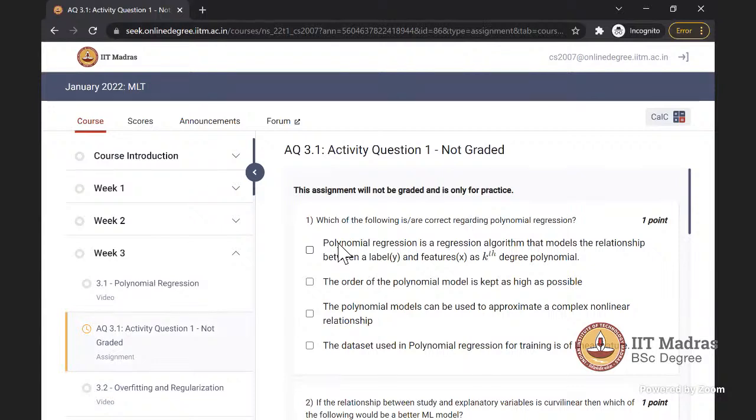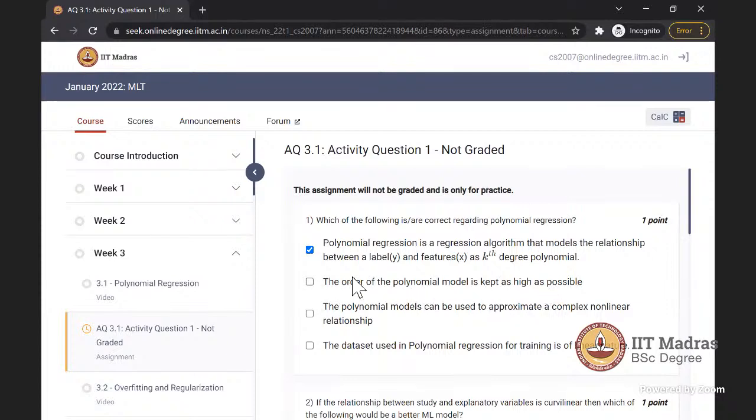Option A, it is true. And that's the very definition of polynomial regression, that we are going to take kth degree of features.